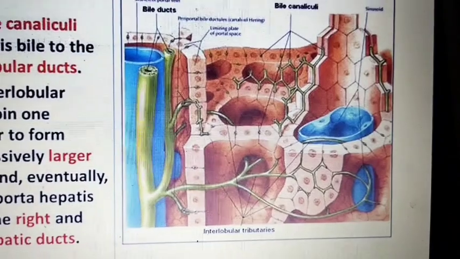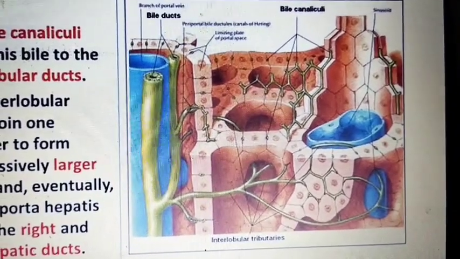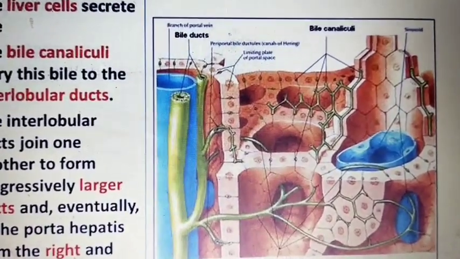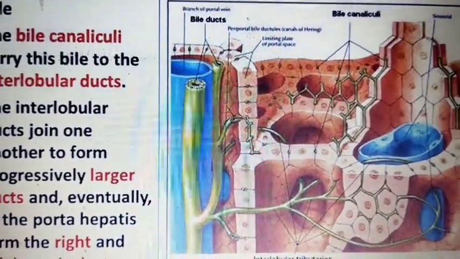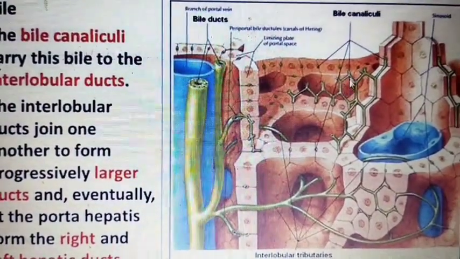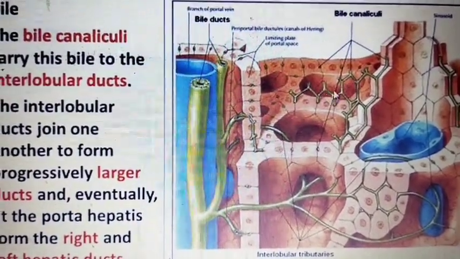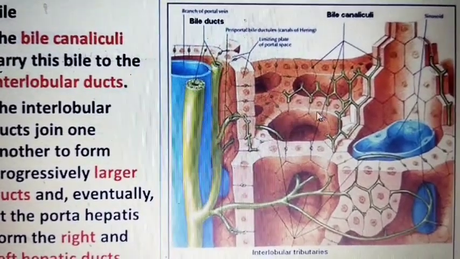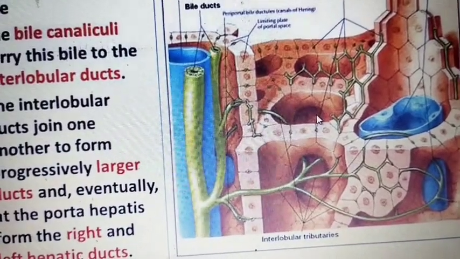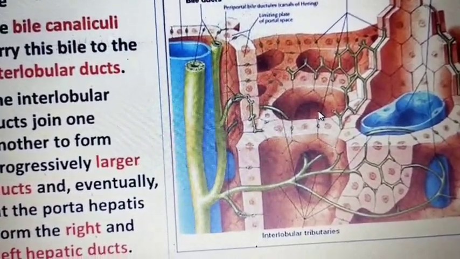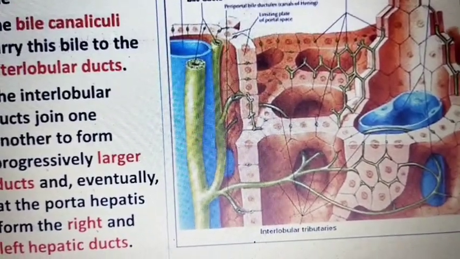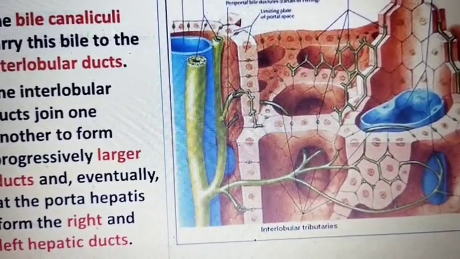The liver cells secrete the bile. The bile canaliculi carry the bile to the intralobular ducts. These are the bile canaliculi, and these join together and form the intralobular ducts, and these intralobular ducts join together and form the septal ducts, and these septal ducts join together and form the major ducts, that are the right and left hepatic ducts.